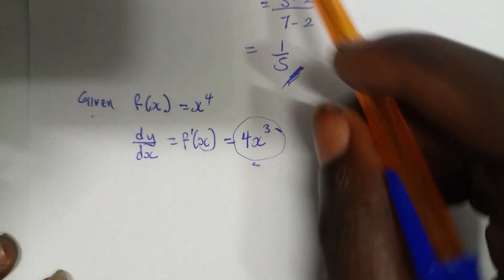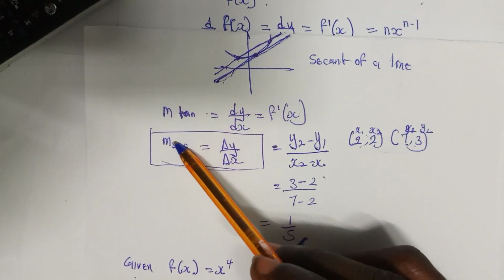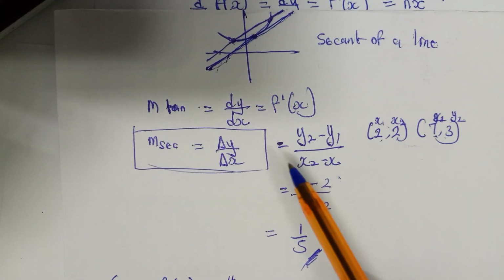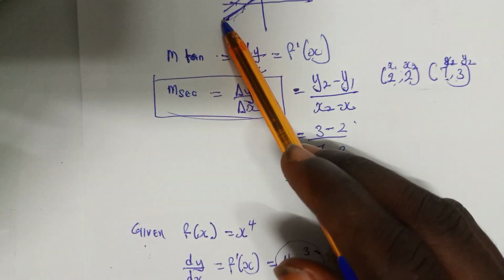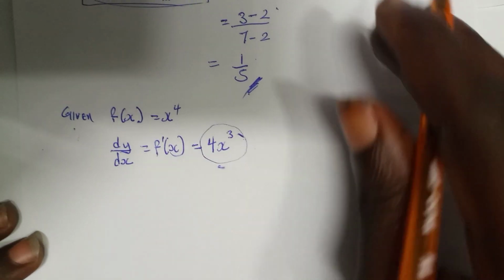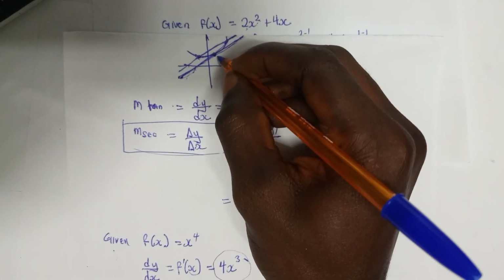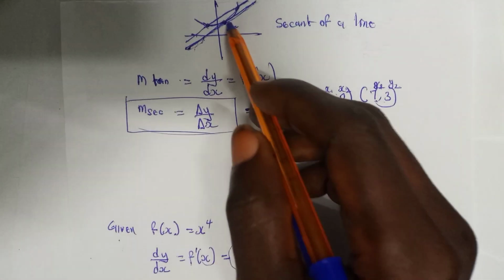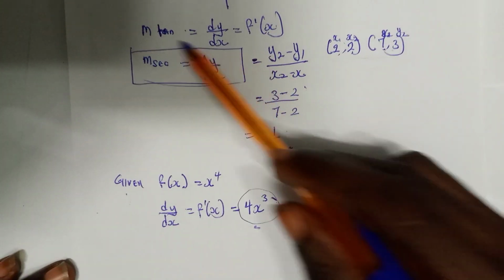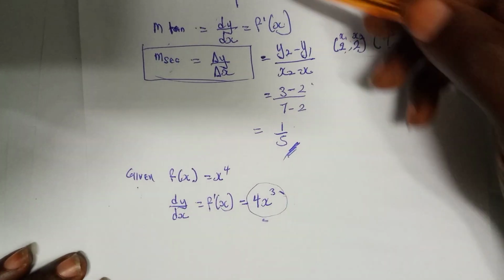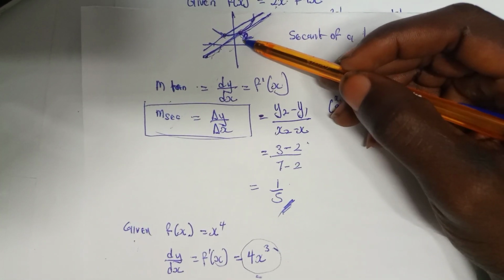Okay, so we can also use the gradient of the secant. We can find the gradient of a secant to get our slope of the tangent. Let's take a value of x, so let's take this point to be 2. So here we can use our gradient of the secant to get our slope of the tangent.